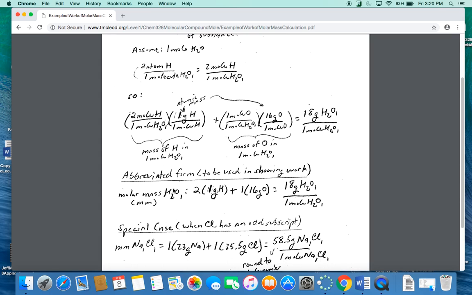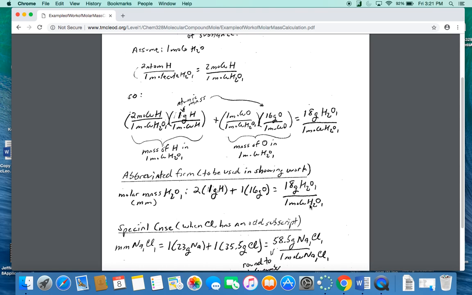So what I expect to see is this: the molar mass of H2O is 2 times 1 gram of H, which is the atomic mass, plus 1 times 16 grams of oxygen, again the atomic mass of oxygen is just the grams part, equal to 18 grams of H2O1 per 1 mole of H2O1.